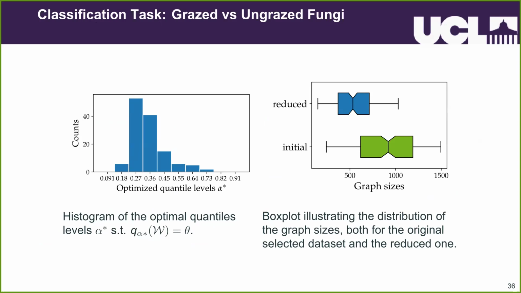So you have the box plot of the size of the original graph set, and then you have the reduced one. You can see that we have been reducing the data set. And this plot is also interesting because here we are trying to understand if we are always picking the same data that corresponds to the same quantile of the width in every graph.